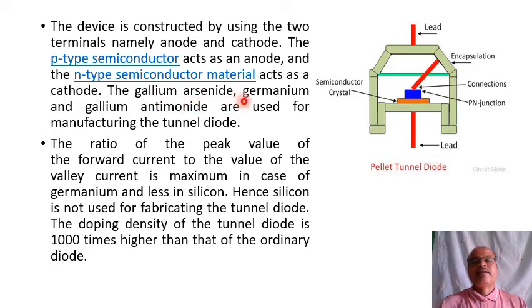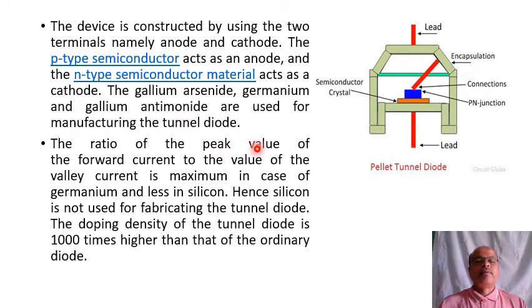Which type of material is used for the tunnel diode? Gallium arsenide, germanium, and also gallium antimonide are used for manufacturing.